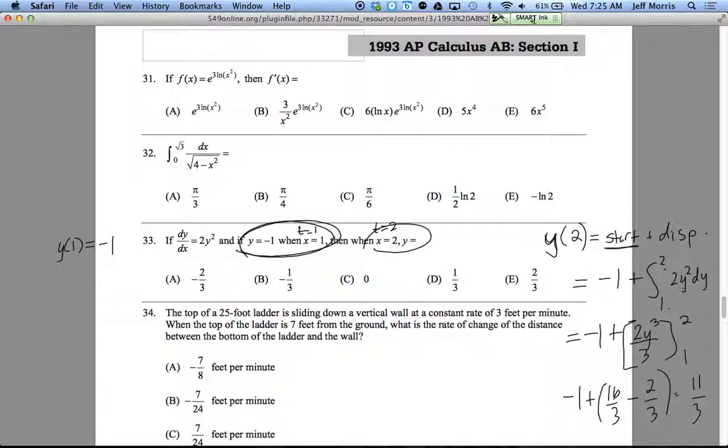Plug 2 in. 2 cubed is what? 8 times 2 is 16. 16 thirds minus, plug in 1, 1 to the third is 1, so 2 thirds. Is that right? 16 thirds minus 2 thirds is 14 thirds. -1 plus 14 thirds is really -3 thirds plus 14 thirds, which is 11 thirds. Why didn't I see that answer?